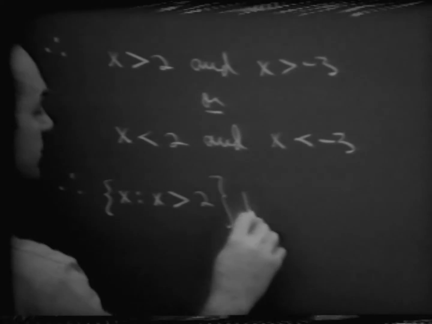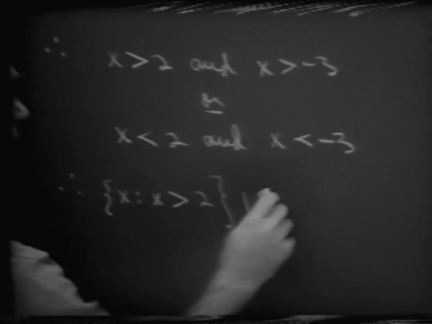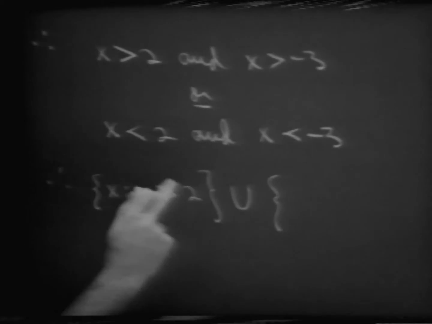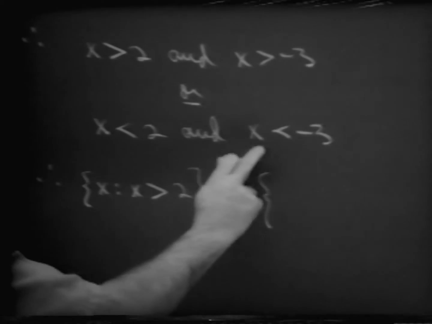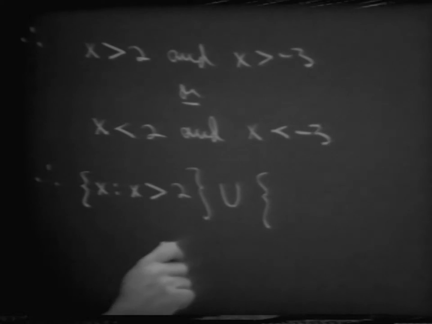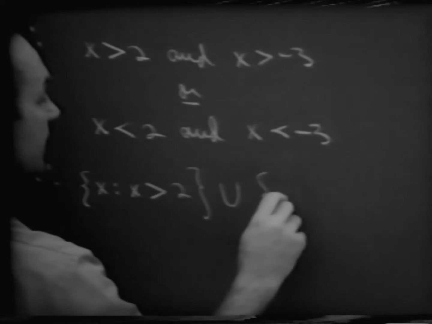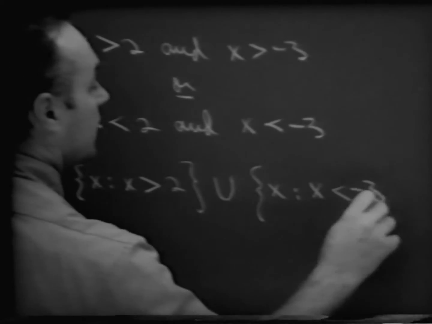Or, now let me use, since we are talking about sets, let me introduce our union symbol. Or, and now let's look at this sentence and see what conclusion we may come to. We're interested in the set of all x's such that x is less than 2 and x is less than negative 3. So what numbers will make that sentence true, Tim? X is less than negative 3. The set of all x's such that x is less than negative 3.